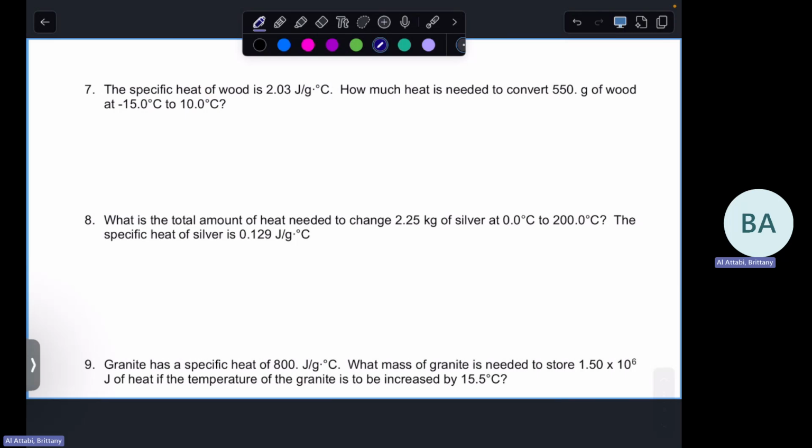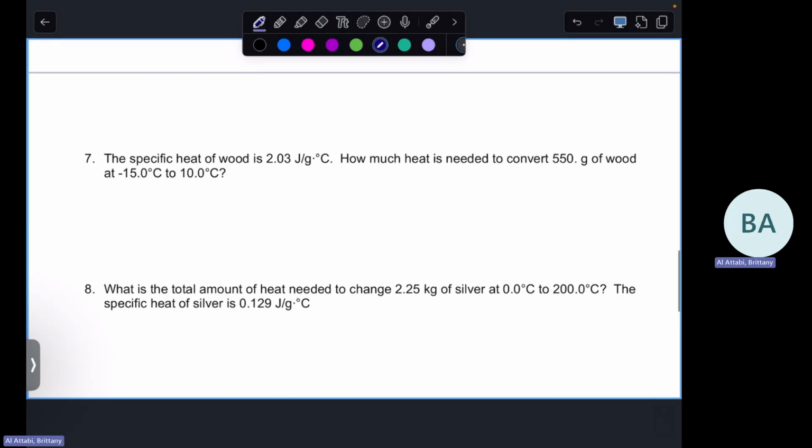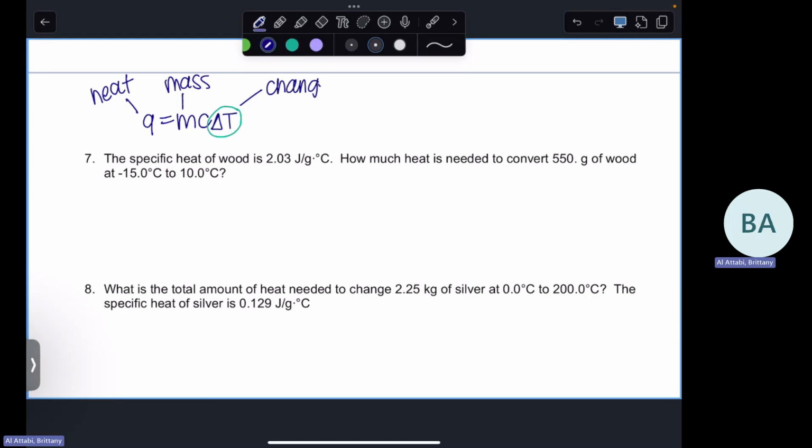Okay, so for my friends that are new to the group, the formula we're using is Q equals MC delta T. Q is my heat, so how much energy is involved. M is mass. Delta T, the whole triangle T business, is change in temperature. So T final minus T initial.